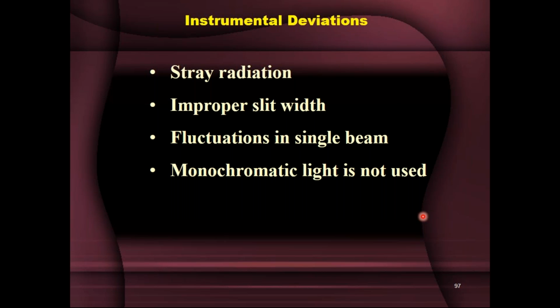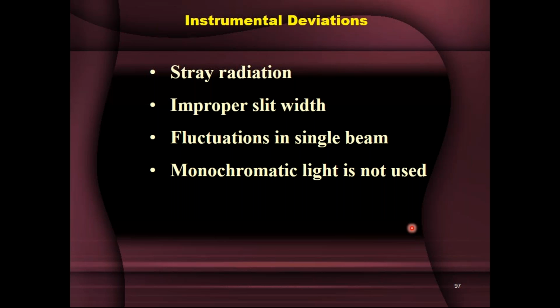Say if it's a visible instrument, radiation covering the full visible region, extending from 380 to 780 nanometers, should be emitted by the source. Or if you have a UV instrument, the full UV region radiation should be emitted, that is, say 180 to 380 nanometers. So one source for visible and one source for UV is given with the instrument.